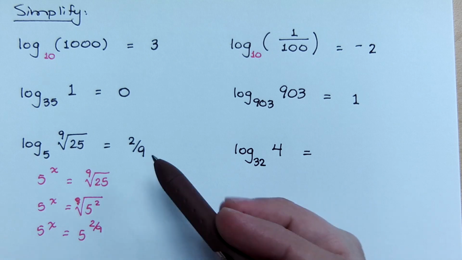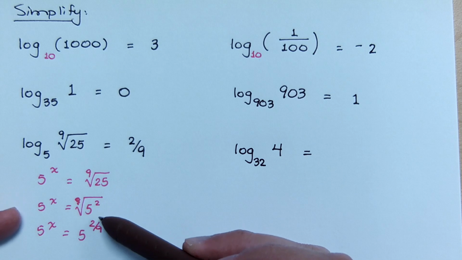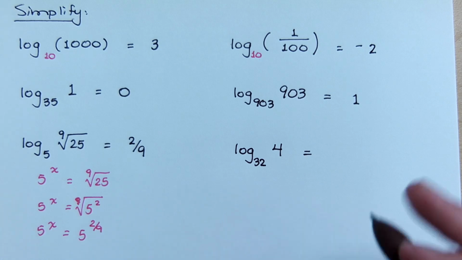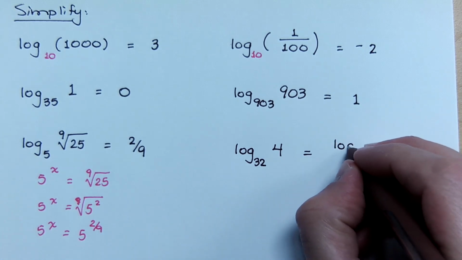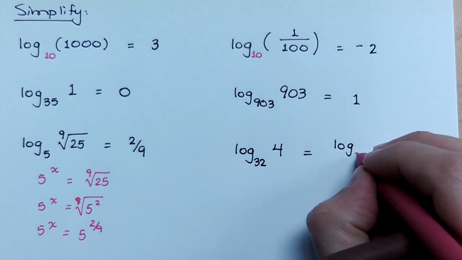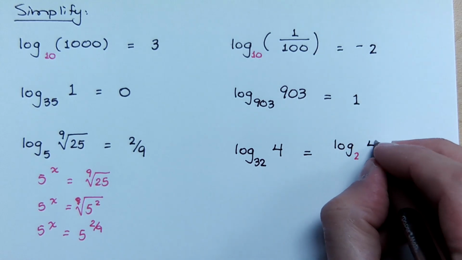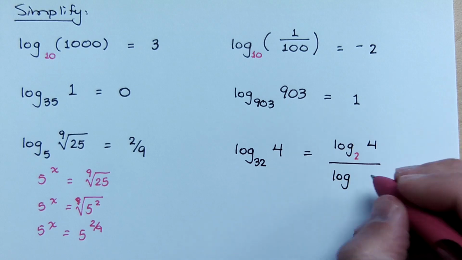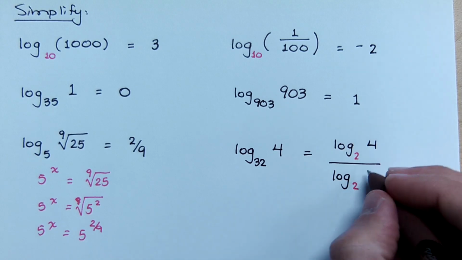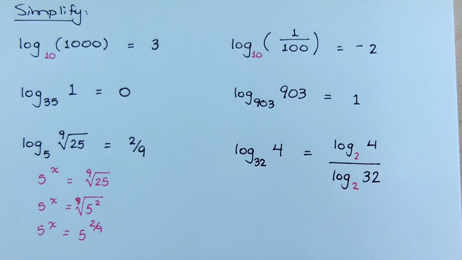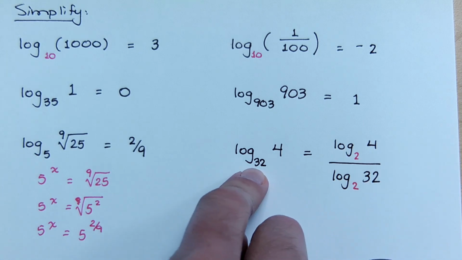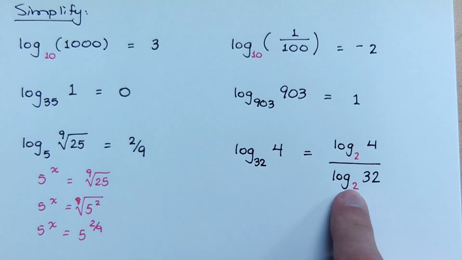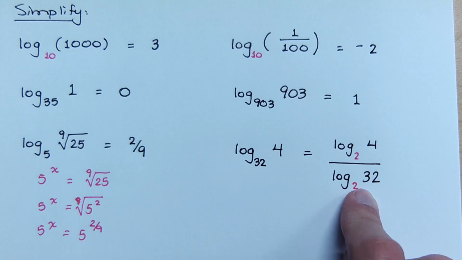You could do this exponential equation and get the common base, or you can rewrite this to say that's log base 2 of 4 over log base 2 of 32. Remember, the base of your logarithm goes in the bottom whenever you do the change of base theorem.